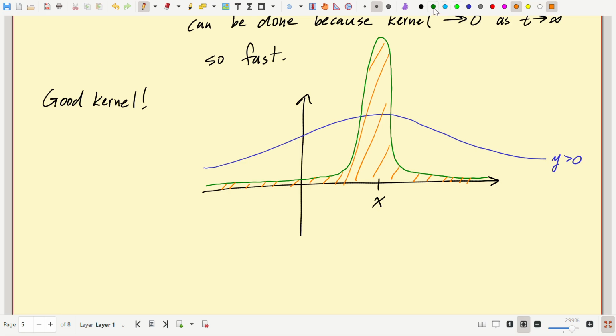Okay, so this green one is where y is small. And the smaller it gets, the more concentrated the area gets, just like all the good kernel things you've been doing in this course. And the area under the red curve is 1 also.